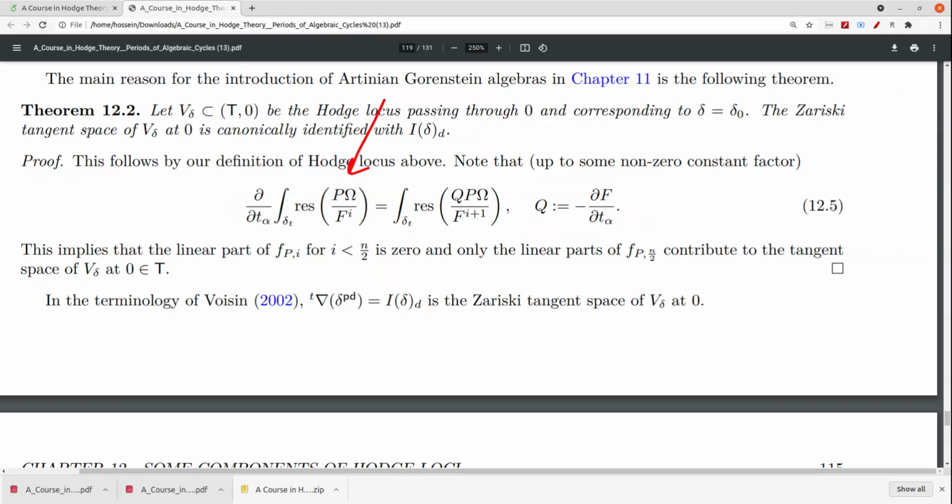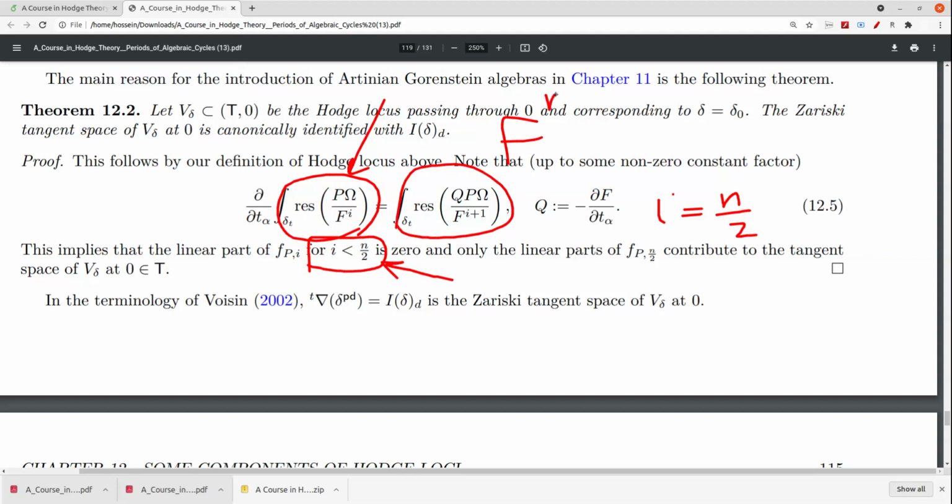We want to compute the linear part of these for i less than n/2 and i equal to n/2, because these define the notion of Hodge locus. And it turns out that in this case, we land again on a differential form which is in F^(n/2+1). So by definition of the Hodge cycle or Hodge locus, it is 0.